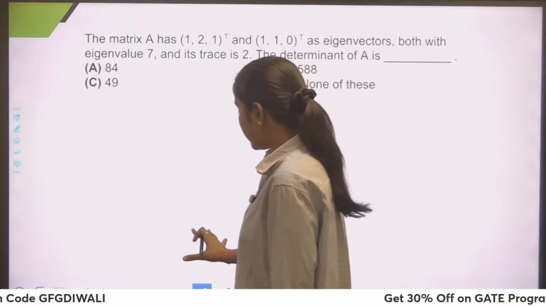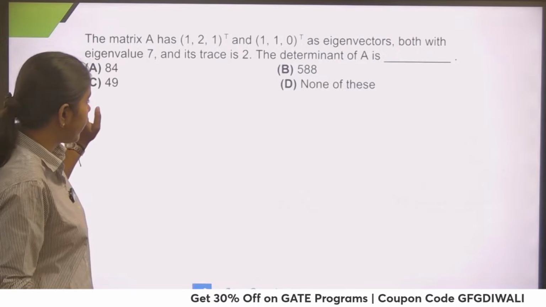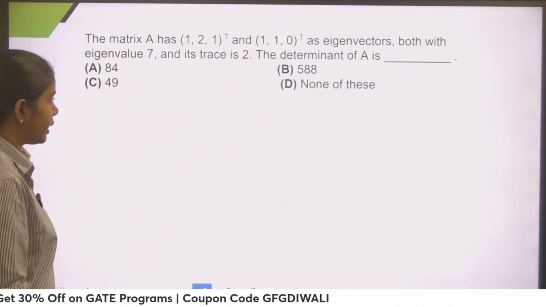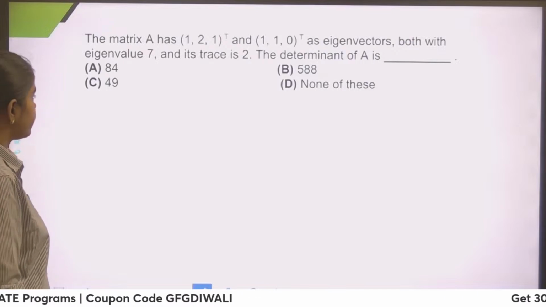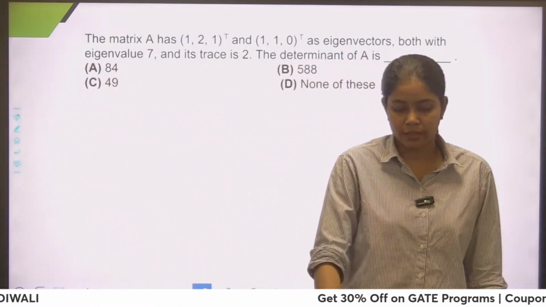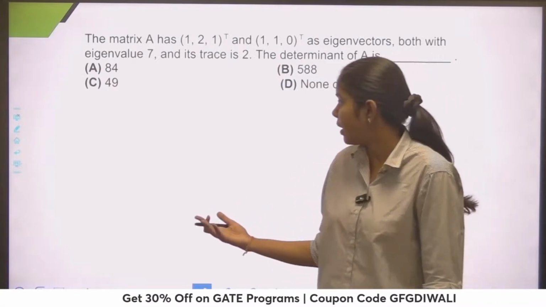So guys, this is a question I have. A matrix has two eigenvectors, both with eigenvalue 7, and its trace is 2. Then you have to find out the determinant of A. So just let me know, guys, what would be the determinant. Try to solve this question by yourself.